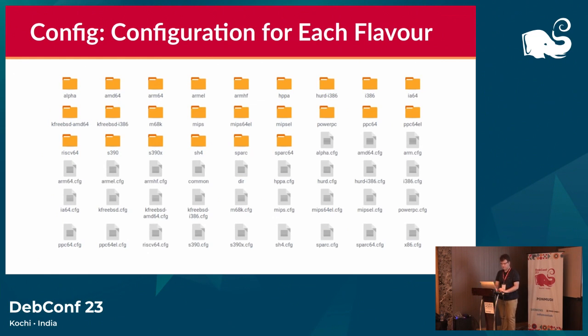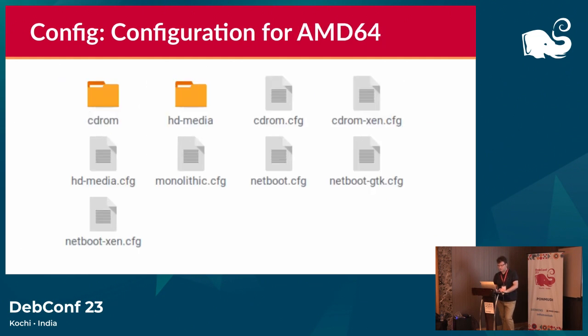We have one file per architecture and one directory per architecture, and common and dir files. And what we are interested in for now is the AMD64 directory, so that we can go into the netboot configs, more specifically netboot-gtk.